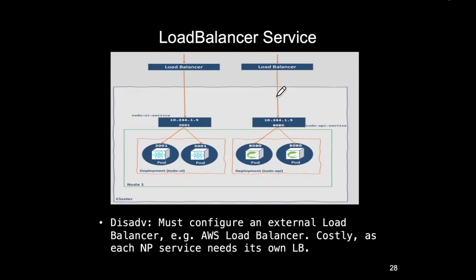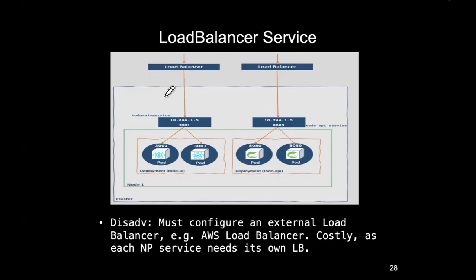And that's all doable, right? Now, these load balancers have public IP addresses. And if they do have public IP addresses, we can now send a request to the IP address of either of these load balancers, specify a port number, and this load balancer will redirect the request to your Kubernetes cluster.